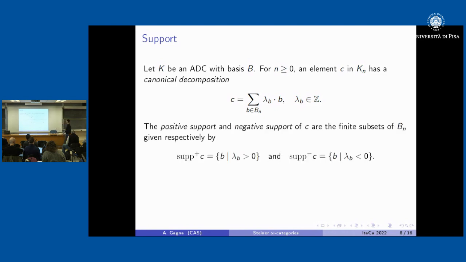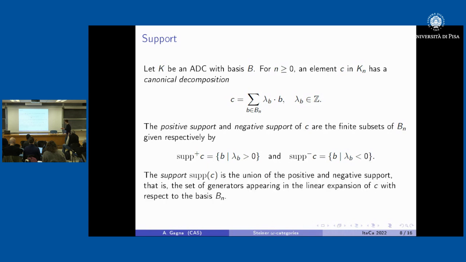And there is the usual notion of support. The support is just all the b actually appearing in the decomposition, a finite number, since it's a linear decomposition. Some lambda will be positive, some lambda will be negative. The b's appearing with positive lambda form the positive support. The b's that have a negative coefficient are called the negative support. All right?